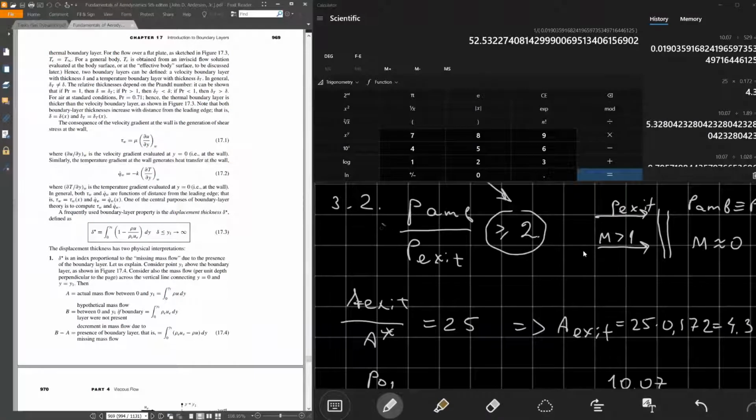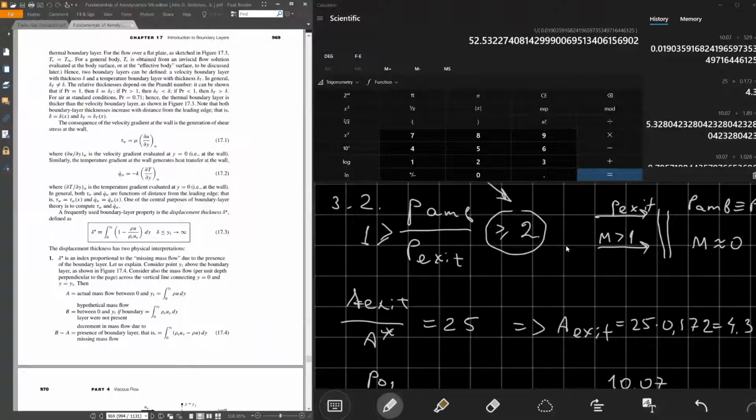If this ratio is between 1 and 2, the oblique shock wave will happen inside the nozzle. So a small static pressure variation can be solved naturally by the existence of the oblique shock wave, and a big pressure variation, like here more than 2, will be naturally solved by the normal shock wave existence.